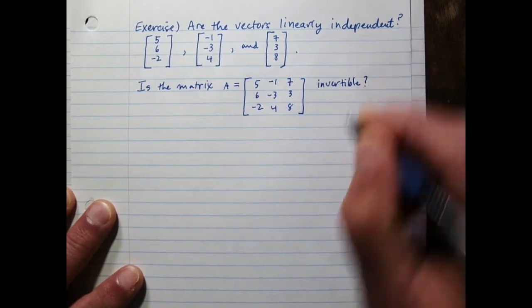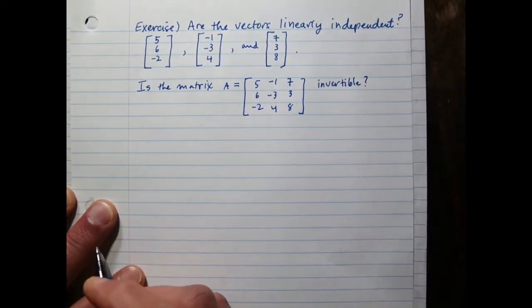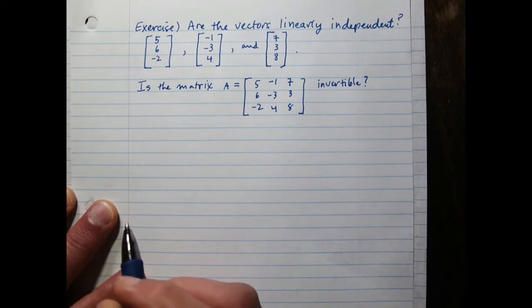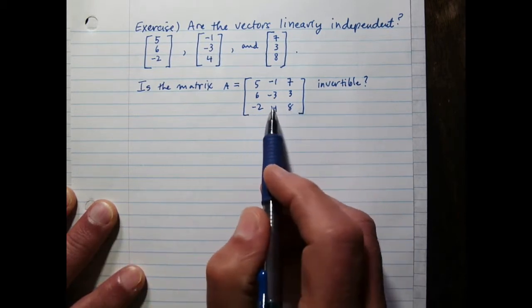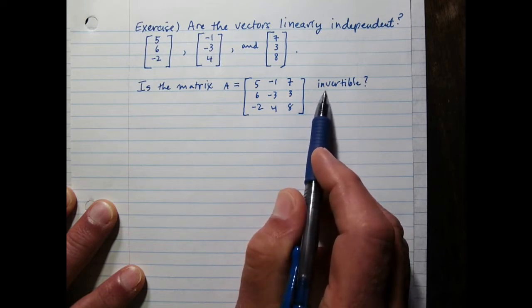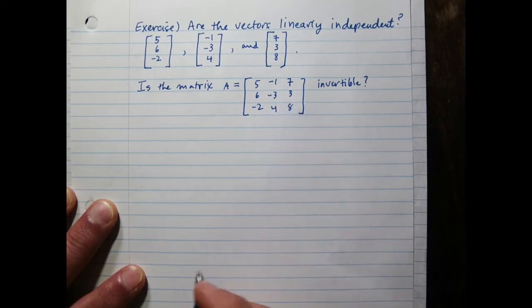And we could consider those equivalences of the invertible matrix theorem to help us figure this out. If it's invertible, the vectors are independent. If it's non-invertible, the vectors are dependent.